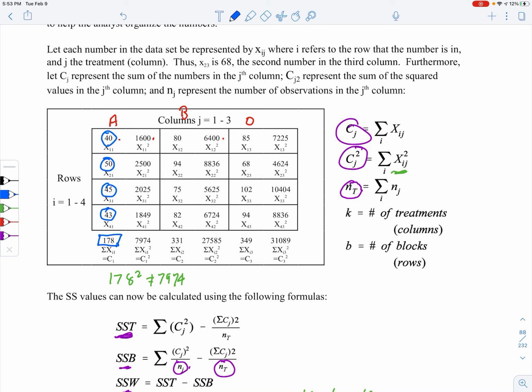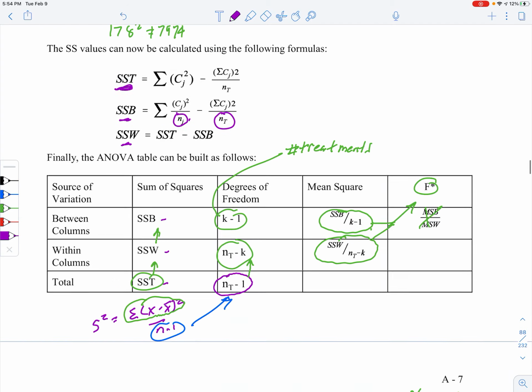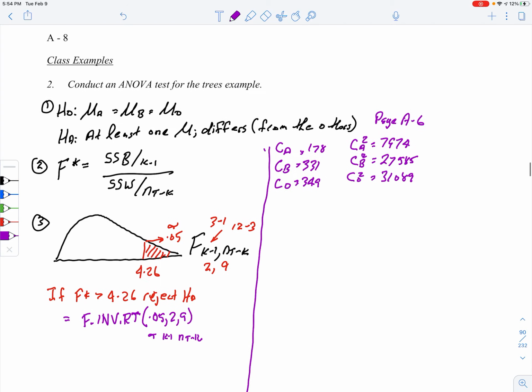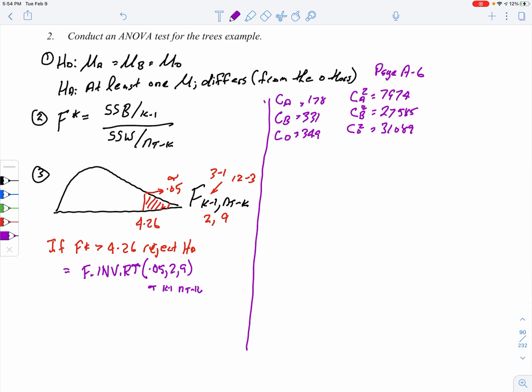Then if we square each of the numbers, so 40 squared is 1600, 2500, and so on, and add them up, we get the CA squared value. And again, that number is not 178 squared. It's not the square of the sum, it's the sum of the squared values. And we do the same for the other two treatments as well.